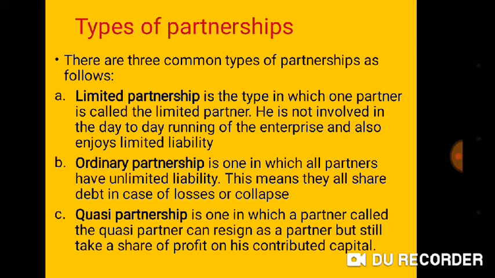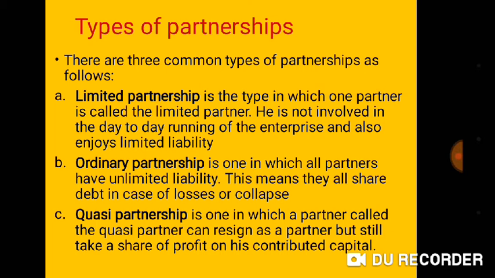Then we have ordinary partnership, in which all partners have unlimited liability. It means that all partners who have contributed their capital to form this partnership have obligation to take a share of any loss.